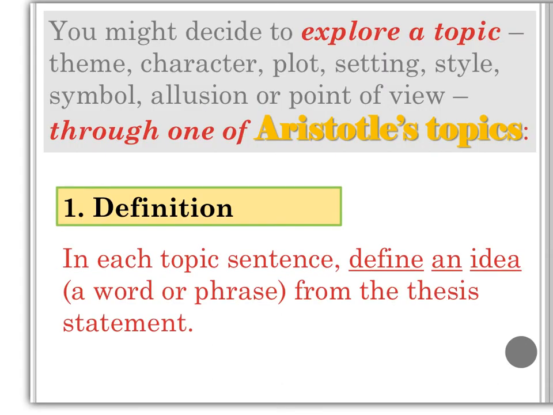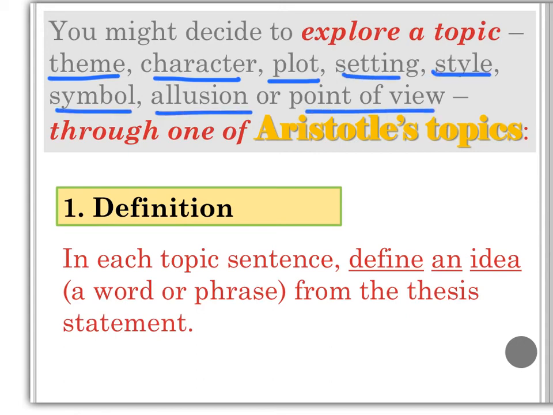So 3 more options for choosing topics in a thesis statement would be to choose a theme, a character, a plot occurrence, a setting, a stylistic choice, a symbol, allusion, or point of view, and to specifically explore that through one of Aristotle's topics.